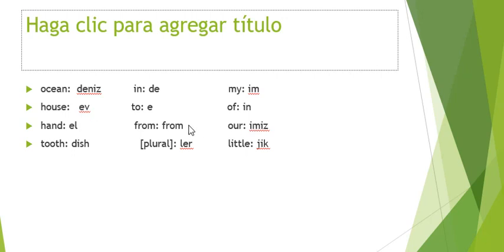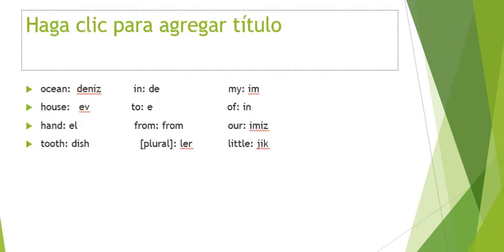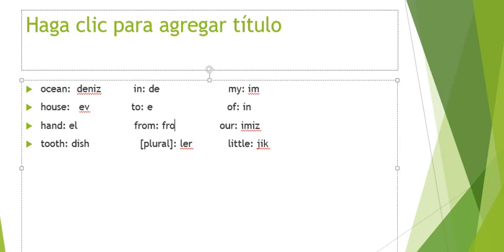Okay, let me see. Okay, here we have a mistake. From is den. I don't know why I didn't write it. Remember that ev is house and den is from. So I didn't write here den.